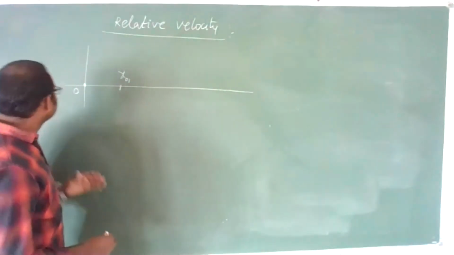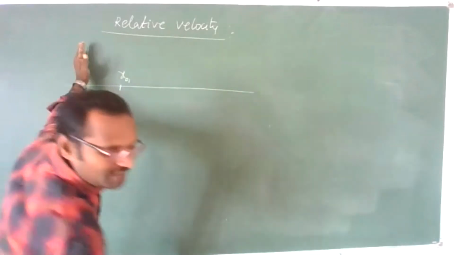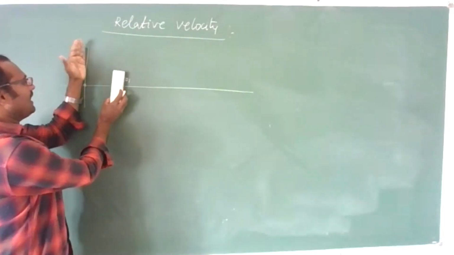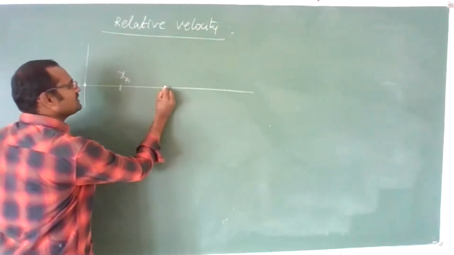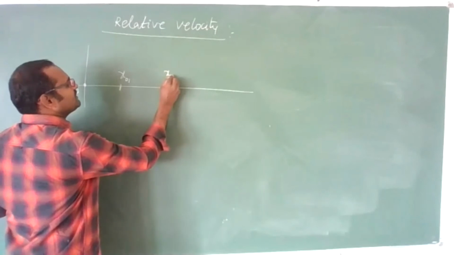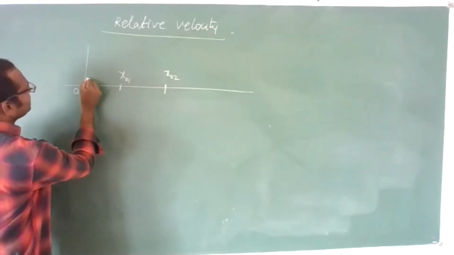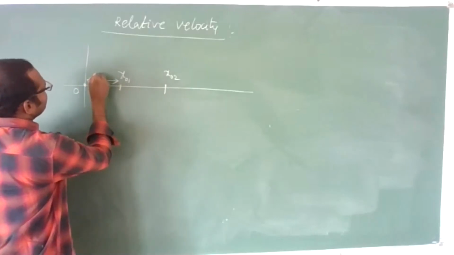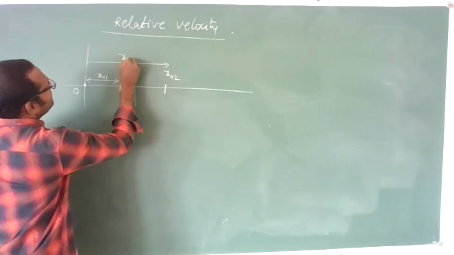This is the origin, and the vehicle you are considering is here. Already it has some distance x naught. Let us suppose there is another vehicle at a distance of x02. This is x01 distance and this is x02 distance.